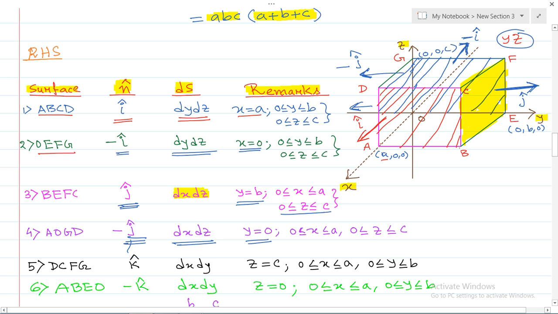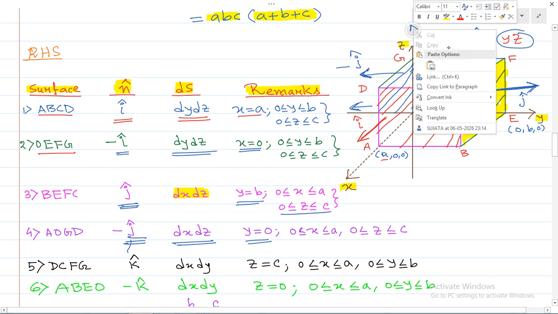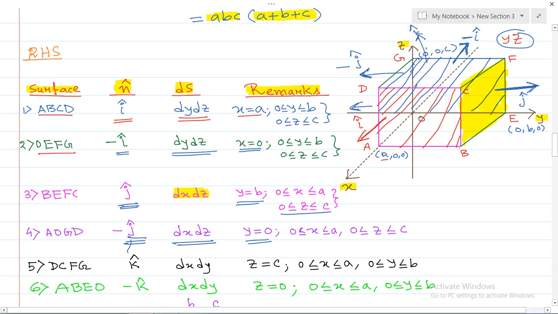Similarly, we have two more surfaces, the top surface and the bottom surface. The top surface is DCFG, which is parallel to the xy plane. So the outward unit normal from this surface will be along the z direction, with unit vector k cap.